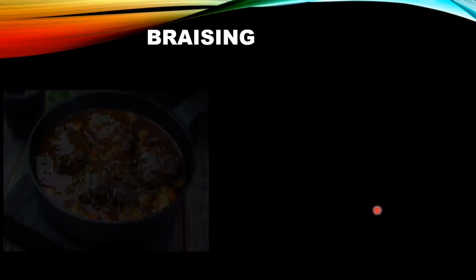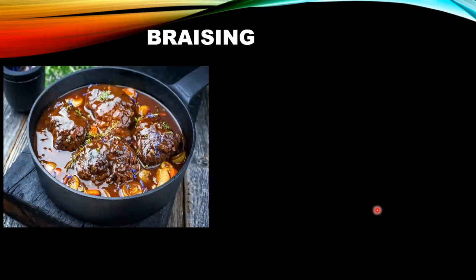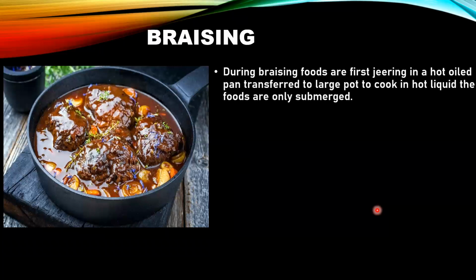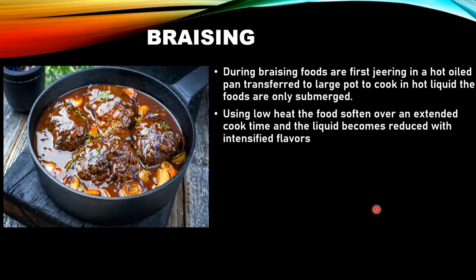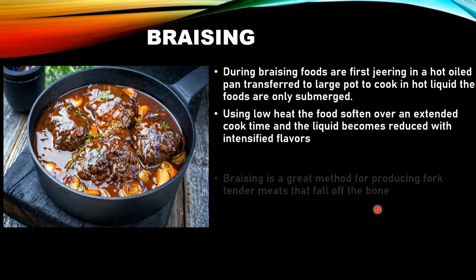Then we have braising. During braising, foods are first seared in a hot oiled pan. Then they are transferred to a large pot to cook in hot liquid. The foods are only partially submerged when cooking. Using low heat, the food softens over an extended cook time, and the liquid becomes reduced with intensified flavors.